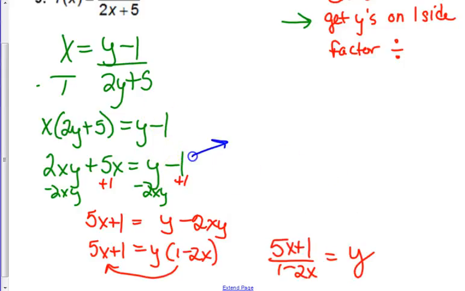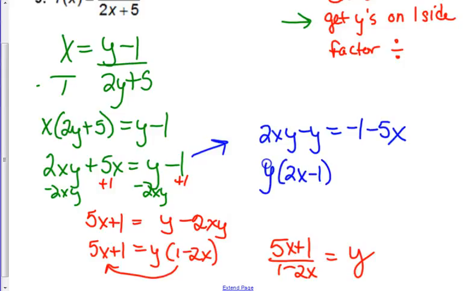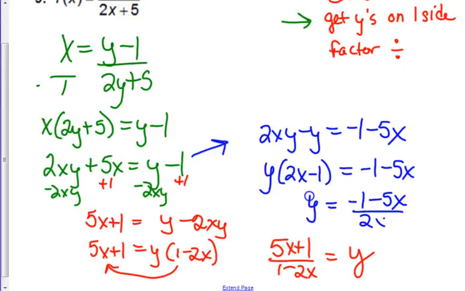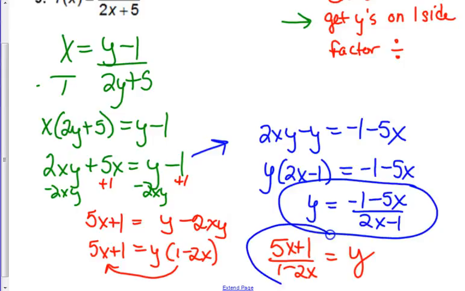Back here, if you had decided to switch the order around and move it a different way, you could have said 2xy minus y equals negative 1 minus 5x. Then when you took out your y, these are equivalent, okay? This is just the complete opposite signs of this one. You don't have to figure that out. You just do it and I'll decide if it's equivalent, okay?